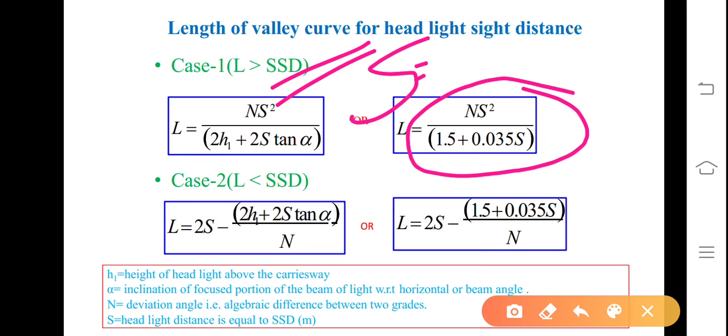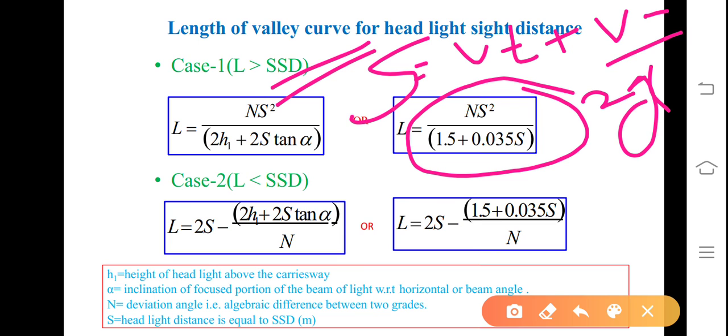You know how to calculate s. S is equal to Vt plus V squared by 2gf, where f is the longitudinal coefficient of friction, which depends on speed, varying from 0.35 to 0.4 for 100 km/h to 30 km/h speed, and t is the reaction time of the driver, which is equal to 2.5 seconds.